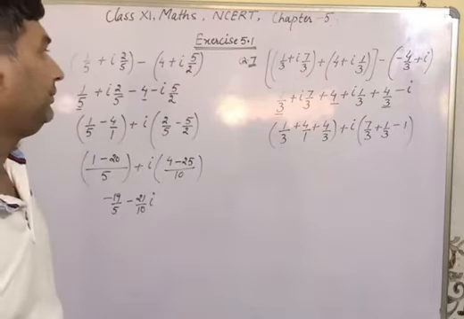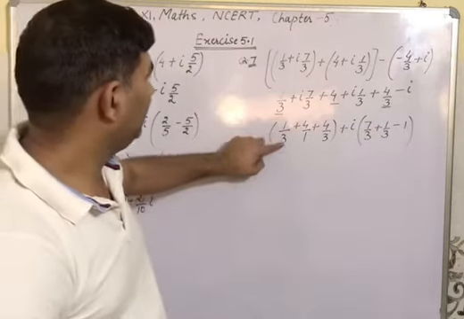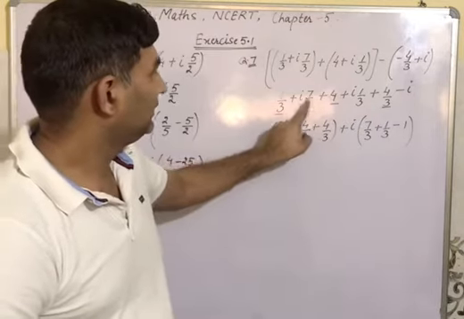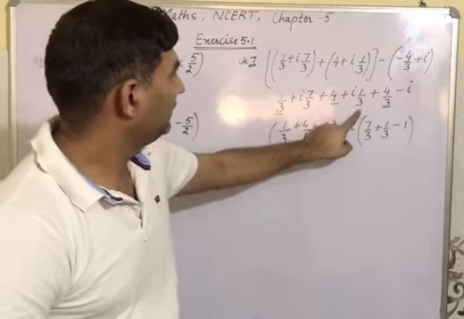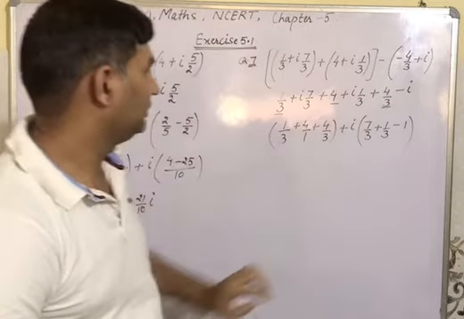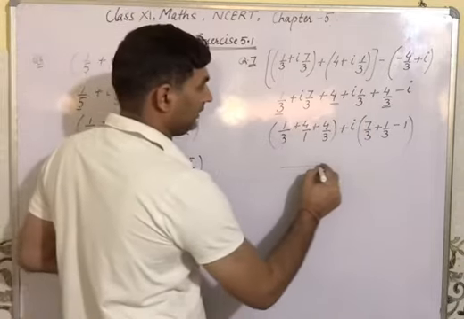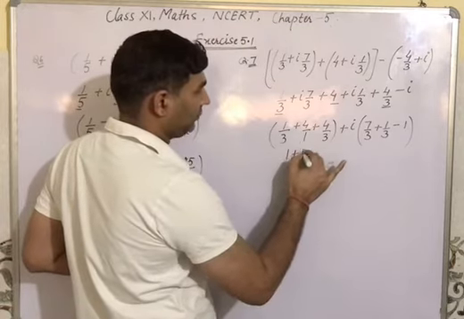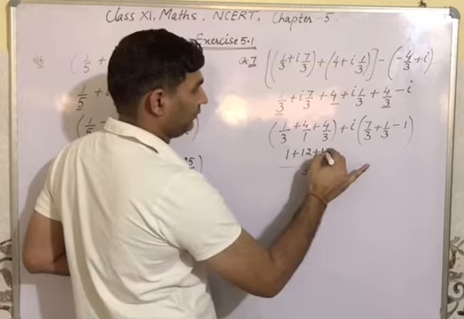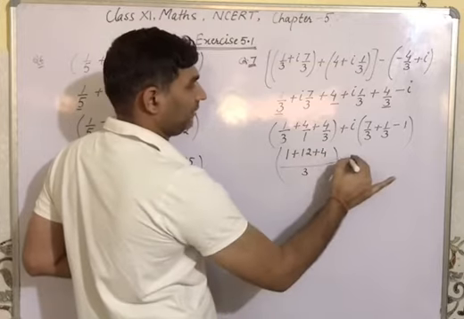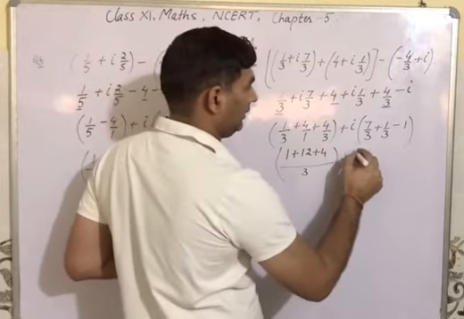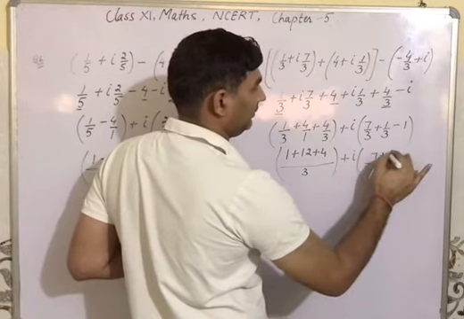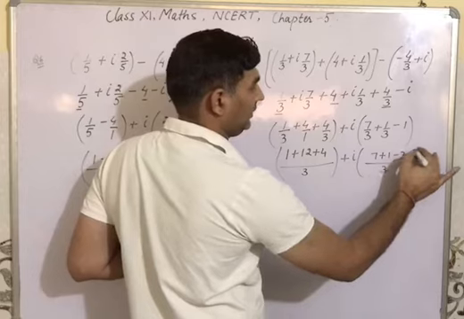And then 1/3, this 4/1, this 4/3, this 7/3, and this 1/3, and this minus 1. Taking LCM 3, then 1 + 12 + 4 over 3, and plus i, taking LCM 3, 7 + 1 minus 3.